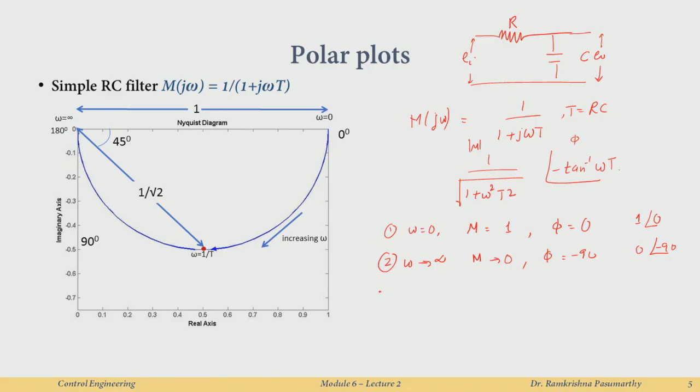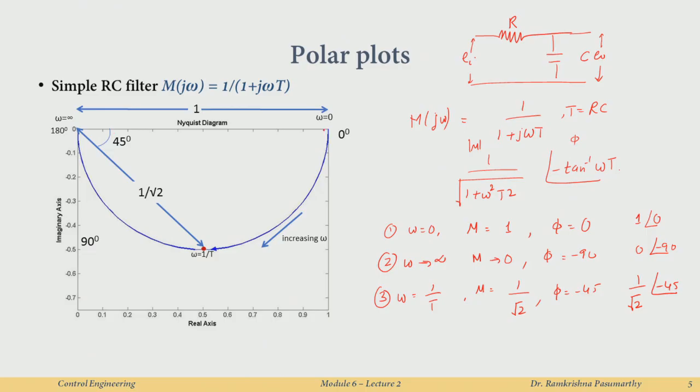Okay, so the third thing is what happens when omega is 1 over t. In that case, you can compute the magnitude m to be just 1 over square root 2, and the angle phi is minus 45. So I'm just looking at a phasor which I want to plot, 1 over square root 2 angle of minus 45 degrees. That's this one. Right? At omega equal to 1 over t, the magnitude is 1 over root 2 and the angle is negative 45 degrees.